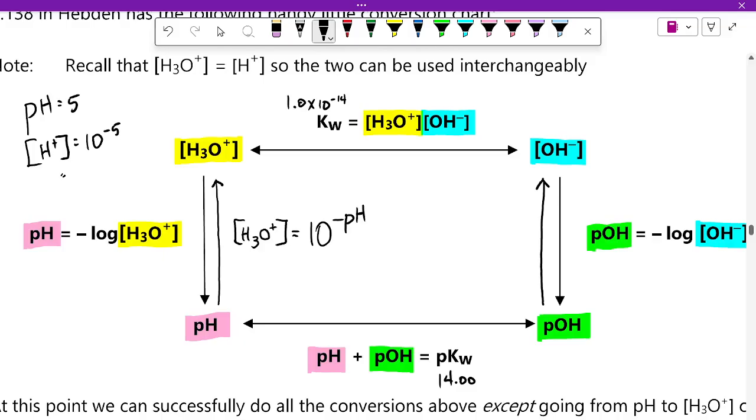And on the other side, we have hydroxide. If we want to go from pOH to hydroxide, hydroxide is equal to, how do we find that from pOH? 10 to the negative pOH.